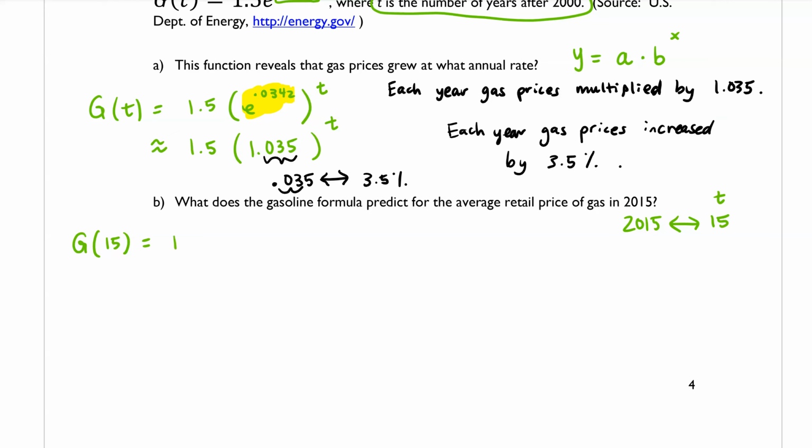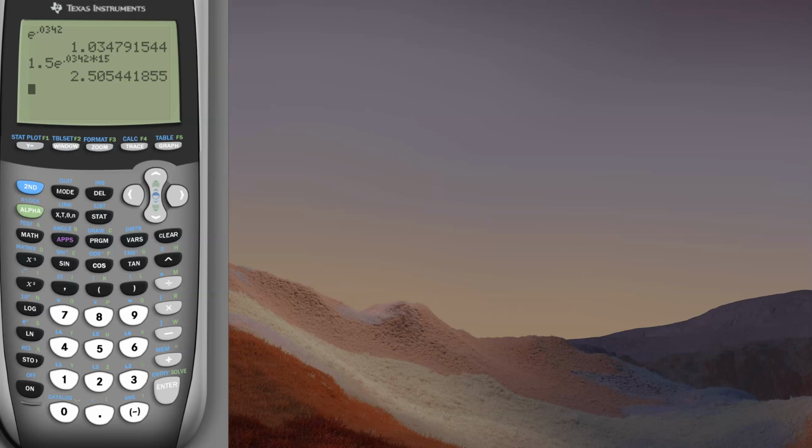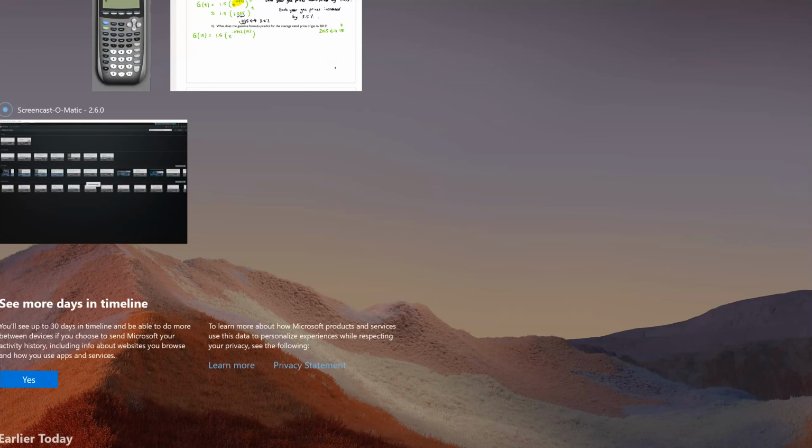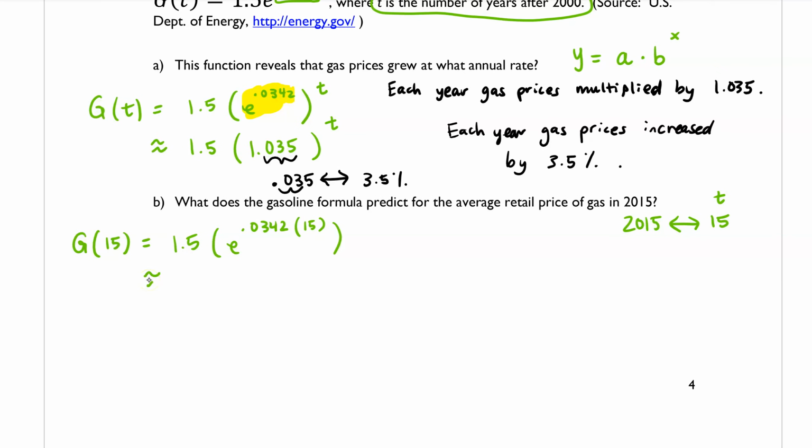So we'd have 1.5 times, and I'm going to use the original function so we don't have an approximation there. So e to the 0.0342 times 15. So I've plugged that into my calculator, and if we approximate that and round it, it would be $2.51.